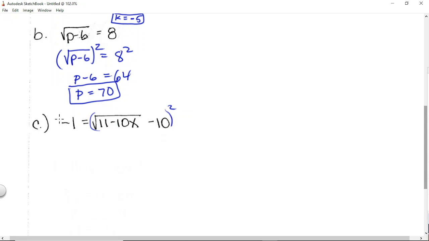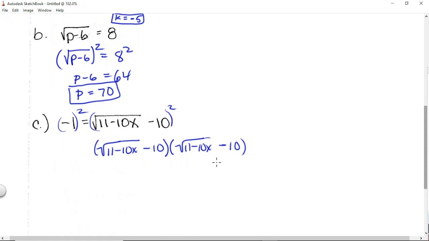Here's what it looks like to square that side: 11 minus 10x minus 10, and that entire quantity would be times itself, right? That's what it would mean to square that side.